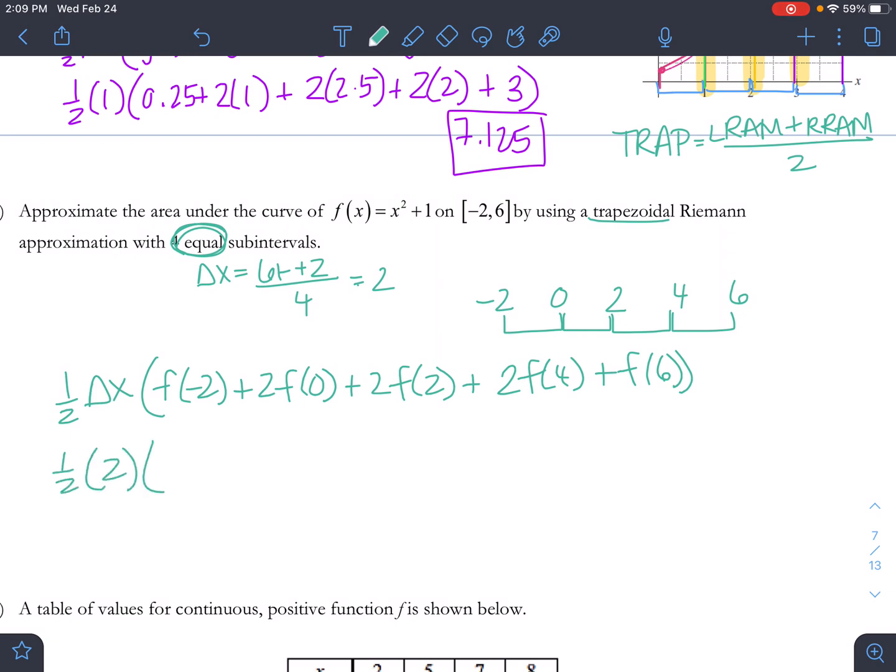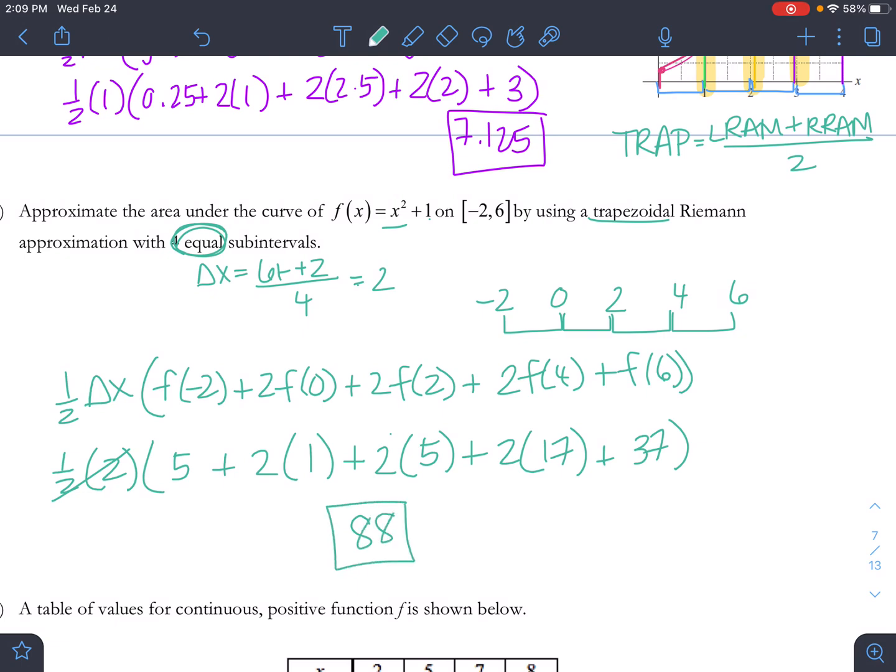F of -2 would be 5, -2 squared plus 1, plus 2, f of 0 would be 1, plus 2, f of 2, 2 squared plus 1 would be 5. F of 4, 4 squared plus 1 would be 17. And f of 6, 6 squared plus 1 would be 37. So 1/2 times 2 would just be 1. 5 plus 2 plus 10 plus 34 plus 37, we end up with 88. And that's our final answer there.